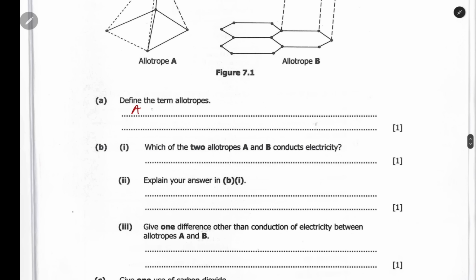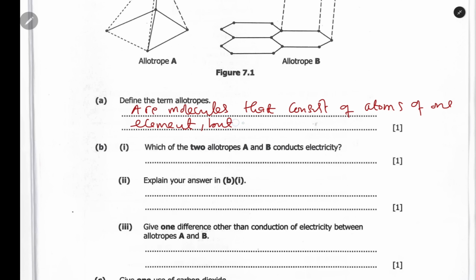So allotropes are molecules that consist of atoms of one element but have different structures and geometric shapes.